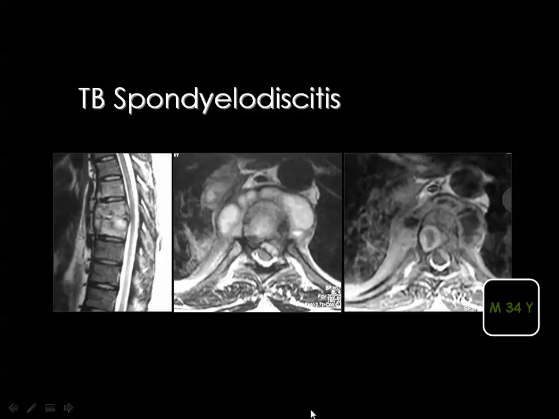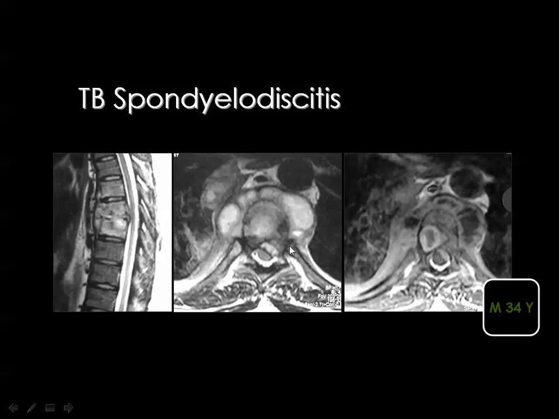By MRI, it is an easy diagnosis, where you can see the disc space is affected and the vertebrae above and below are also involved, with the presence of intraspinal inflammatory granulation tissue as well as prevertebral inflammatory granulation tissue and abscess formation.